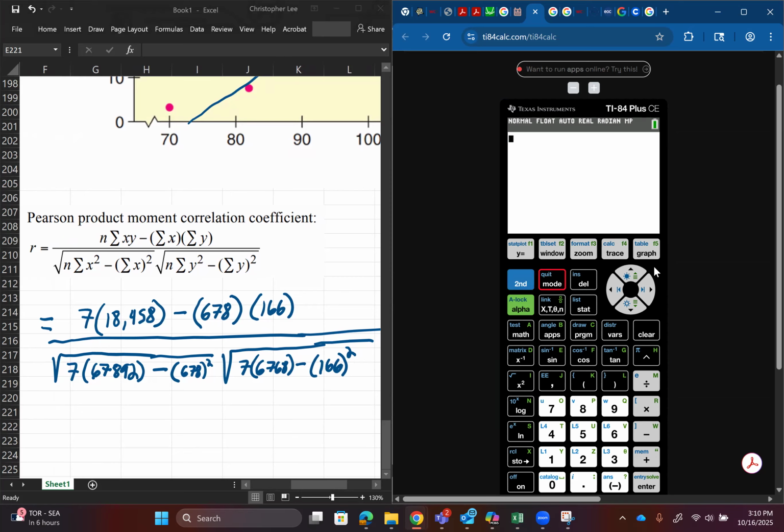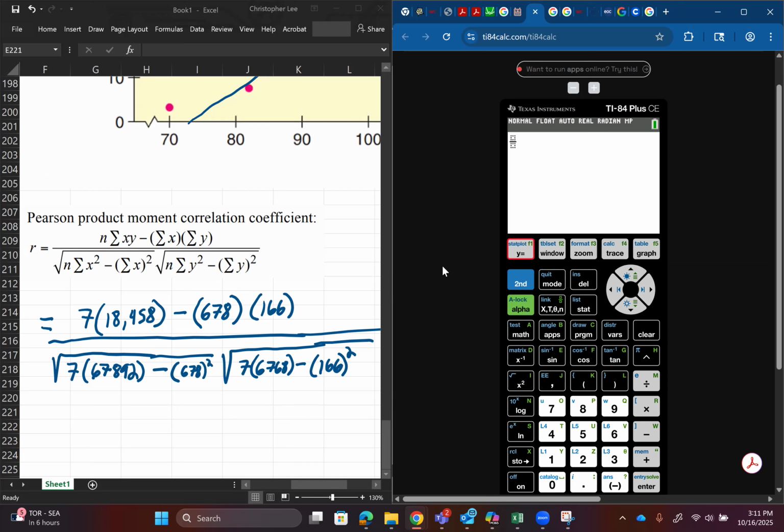All right, so for those of you that have the 36X Pro, the little black calculator, the first thing you're gonna do is press the fraction button. The fraction button is the number right above the 7. For me, that's gonna be alpha F1, then I press the first one.